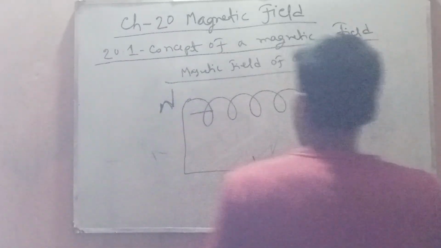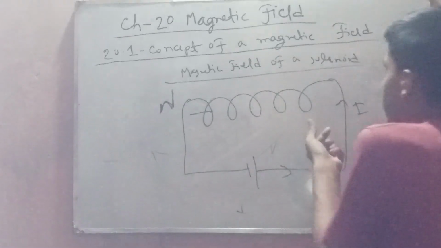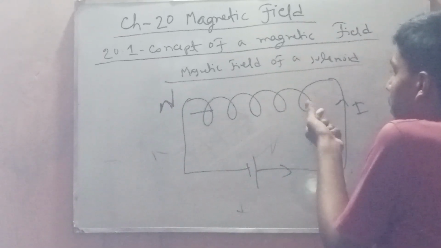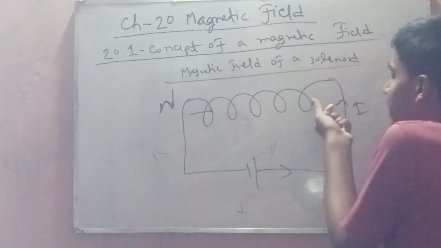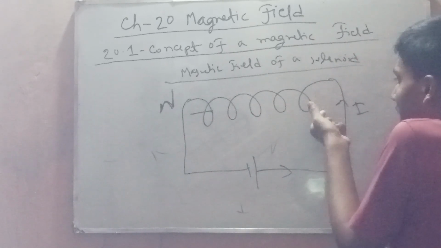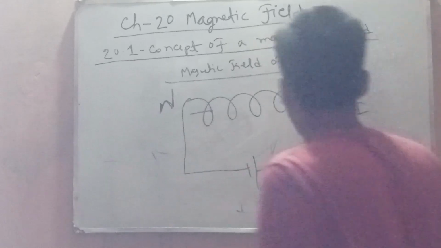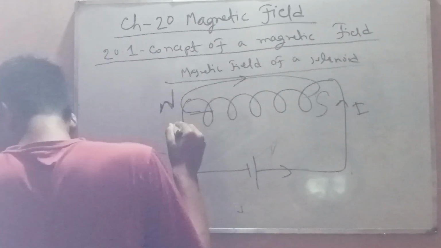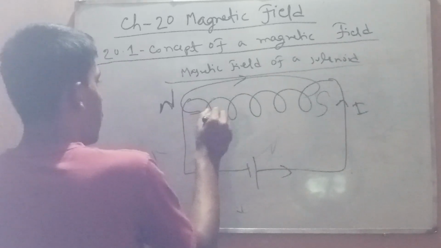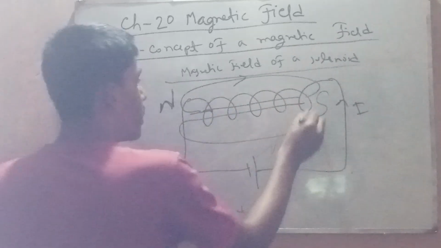And if we view from this end and the current flows clockwise, then this end will act as the S pole, and the direction will be out of the N pole into the S pole.